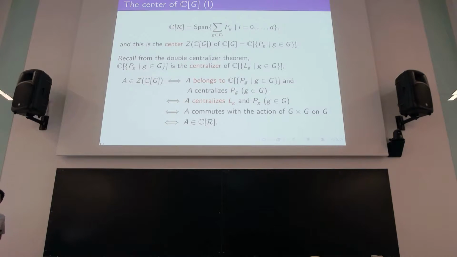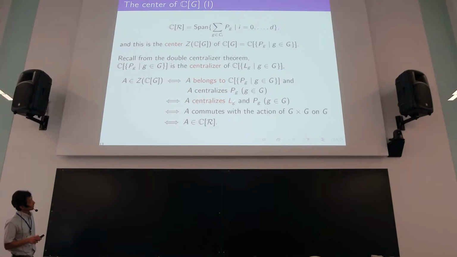That is the definition of the center. Center means that you have to be in that algebra, but also it has to commute with everything in that algebra. But then we know that the centralizer of this is precisely this one. Yeah, so that's what is written here. So it must centralize L_G.